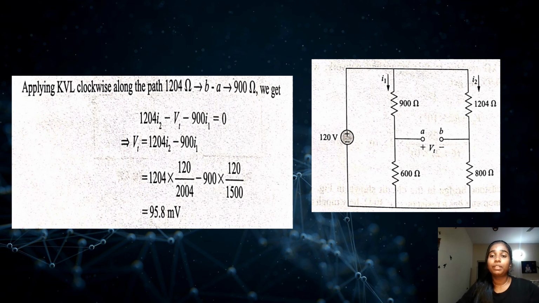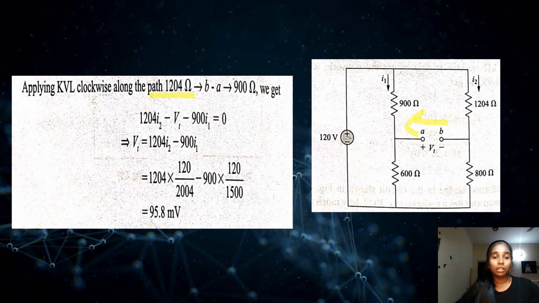Looking at the circuit, we see that the A and B terminals are open. Applying KVL clockwise along the path of 1204 ohms, and B minus A across in this direction, we get 1204 I2 minus Vt minus 900 I1 equal to 0.